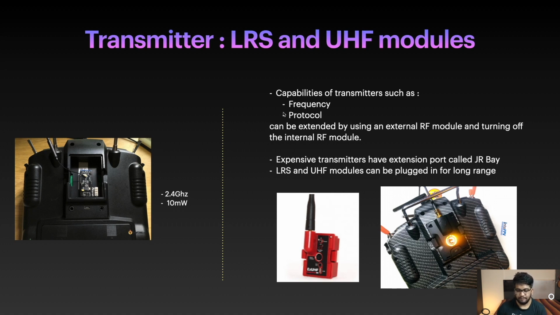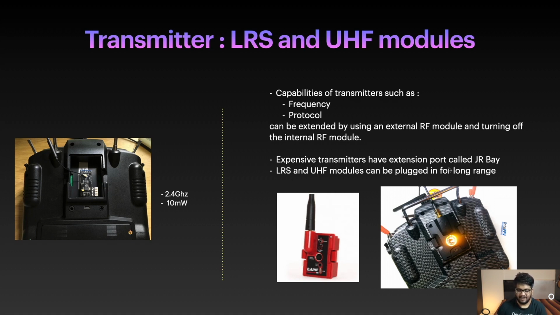Some programming might be required, some configuration might be required, but basically you can change the frequency, you can change the protocol. By default, this transmitter works on D8 protocol, as I told you in the next slide. But this module has its own protocol. It's called CSRF. So you can do that.